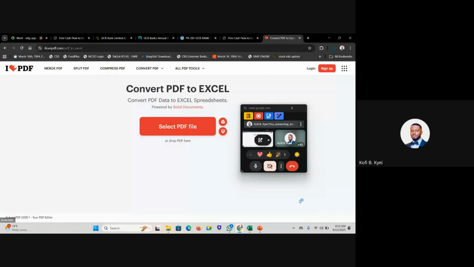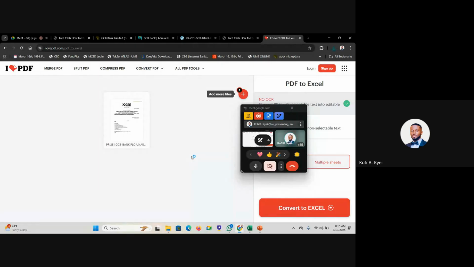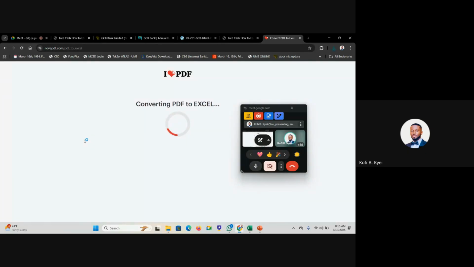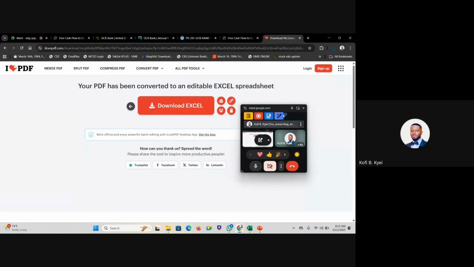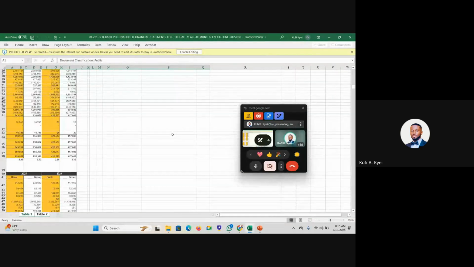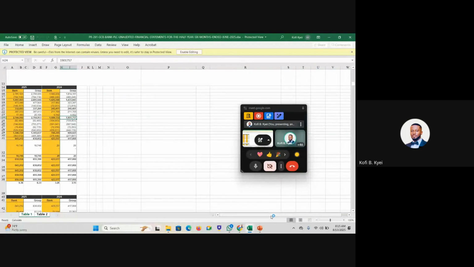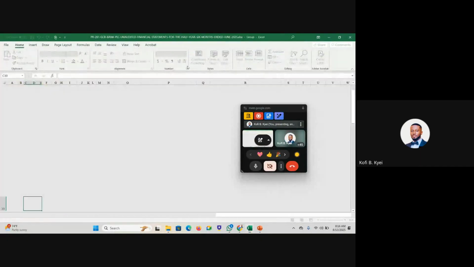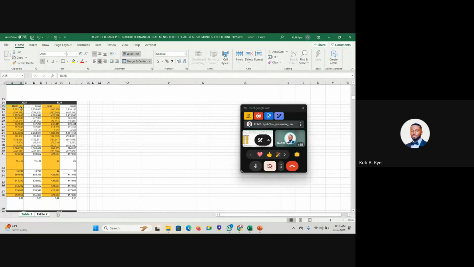Then we try to convert. Say convert to Excel. I click on it. Your PDF has been converted to an editable spreadsheet. Open that sheet. Okay, so you have this here, and this one has worked perfectly. So we can use this. Some of them don't work.